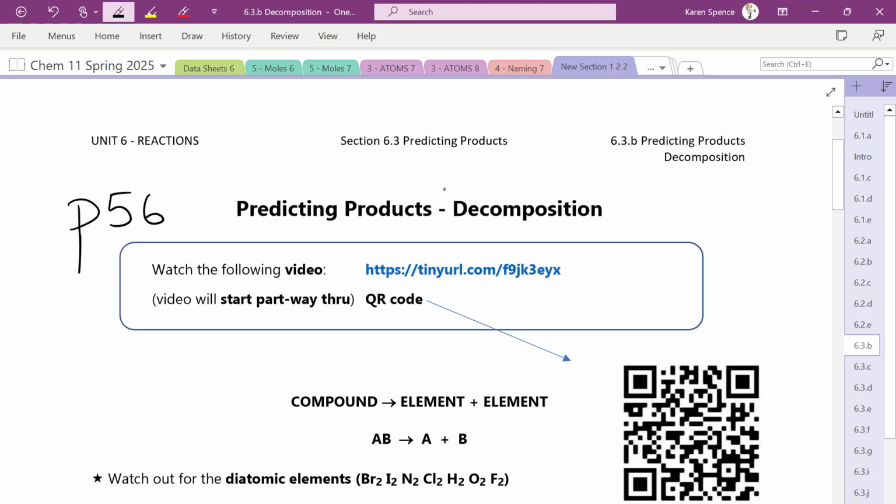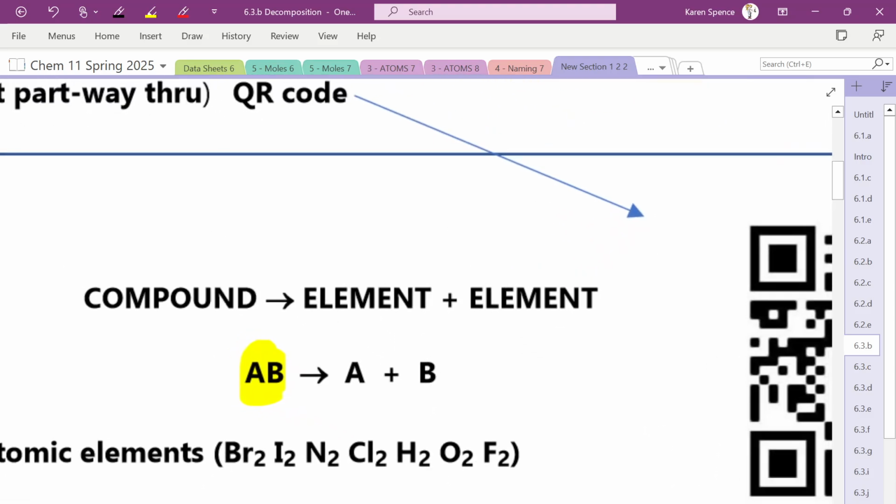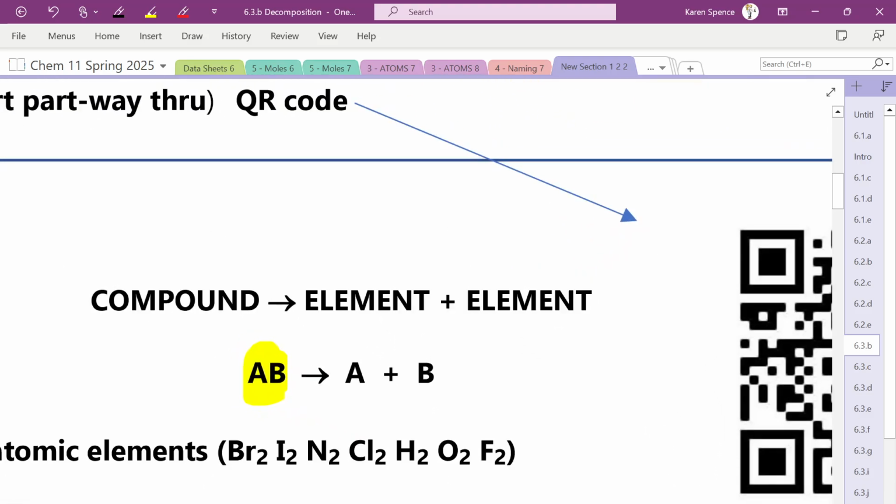All of the reactions on page 56 are decomposition. So we're always going to be starting with a compound, an A element stuck to a B element. What do we do with it when we decompose them? We rip them apart. We're just going to rip the elements apart.